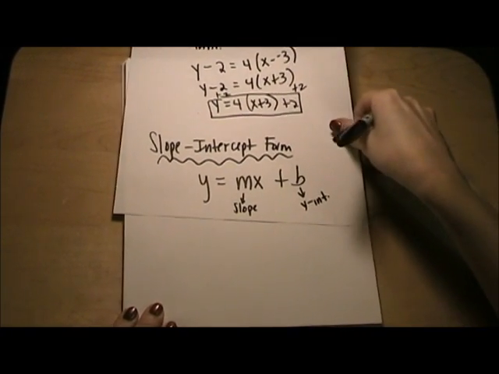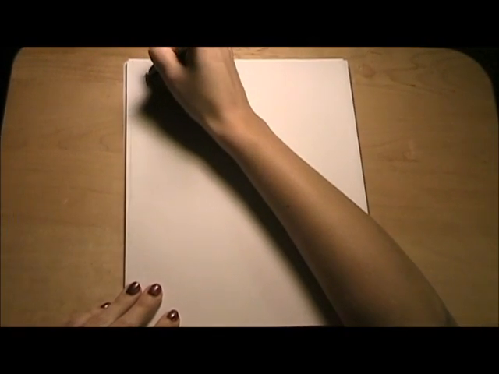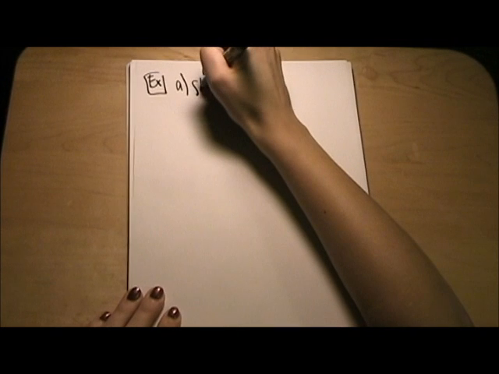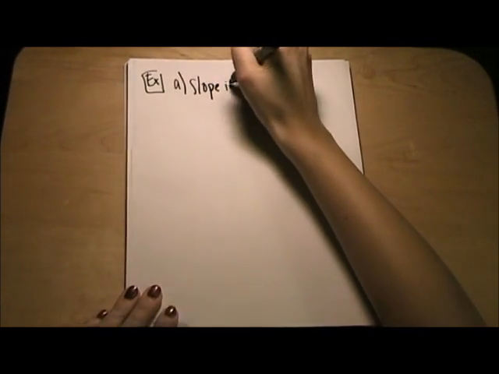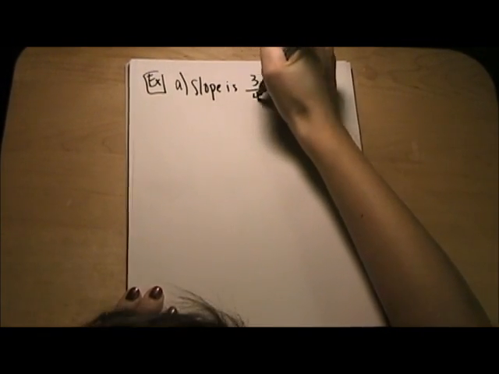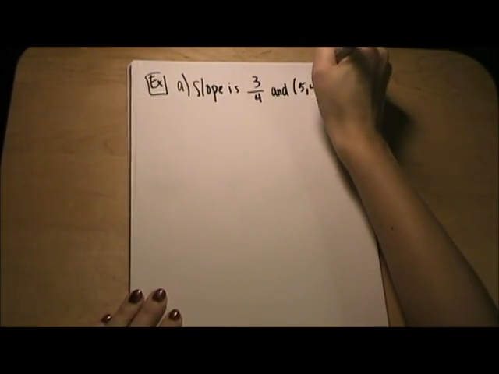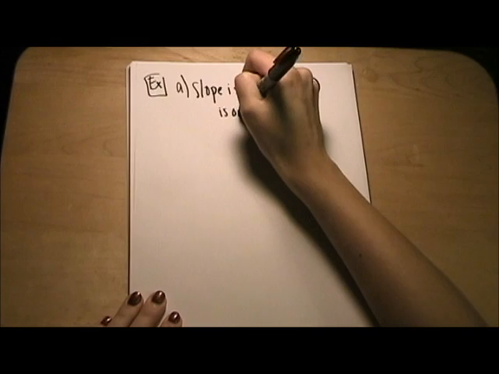We've been working with this a lot lately, but just to review, if I give you slope is 3/4 and the point (5, 4) is on the line.